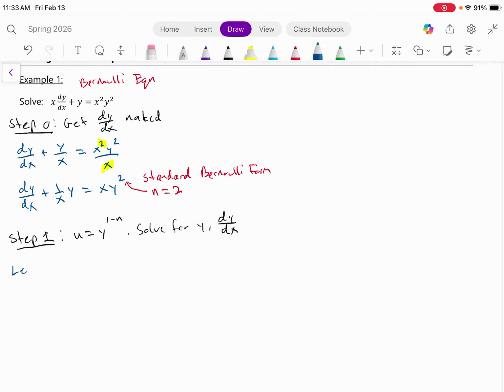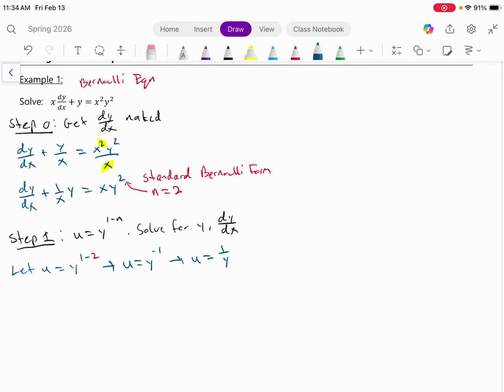So we let u equal y to the 1 minus n, which is going to be 2. And so we solve for this now. This would be u equals y to the negative 1. And then we could just move y to the negative 1 down into the denominator to make it a little easier to work with for our algebra.